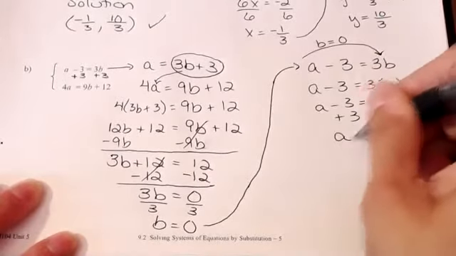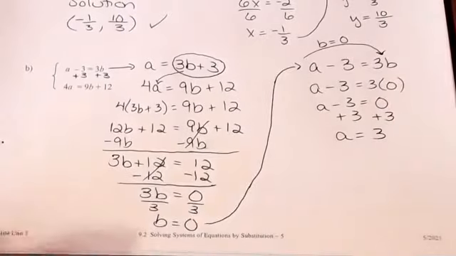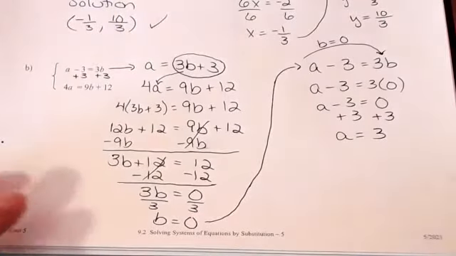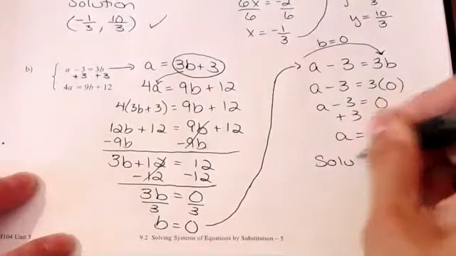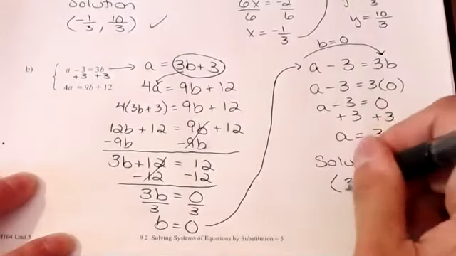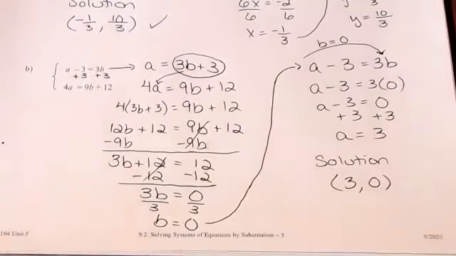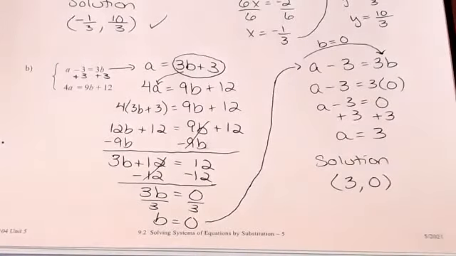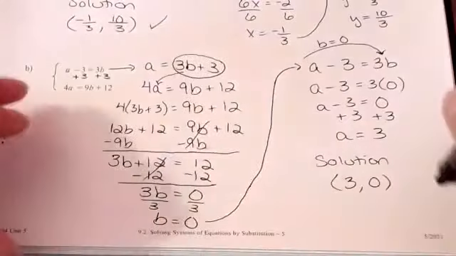And voila, we found both a and b. Recall that your solution must be written as an ordered pair. In this case, a comes before b, so we're going to write 3 comma 0. And that's your solution. Done. That's substitution in a nutshell. Let's turn the page so we can remind ourselves what it looks like to do elimination.